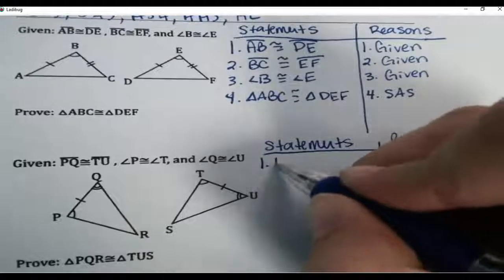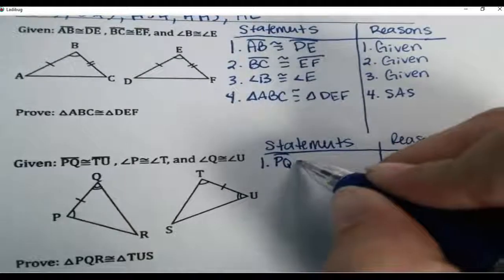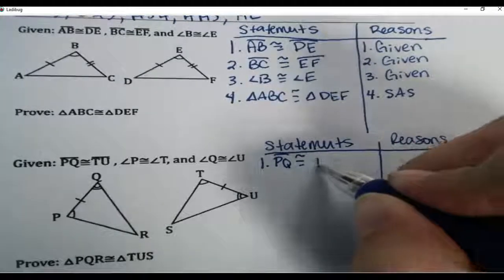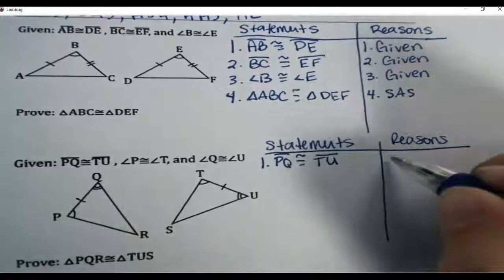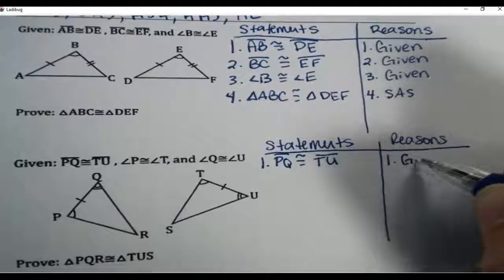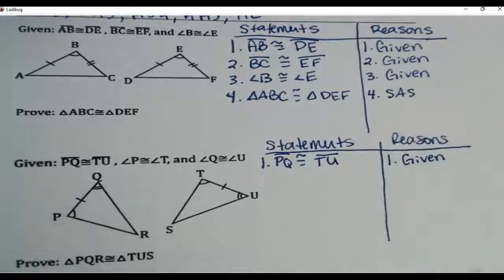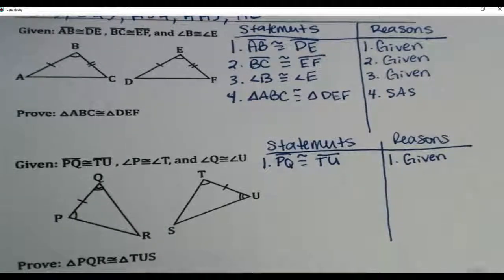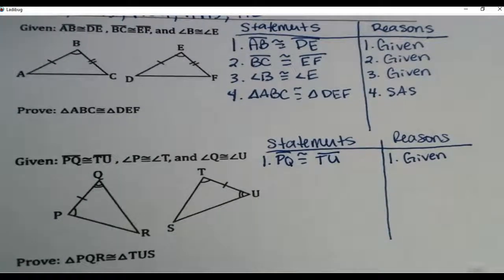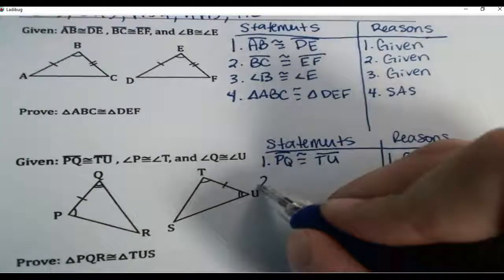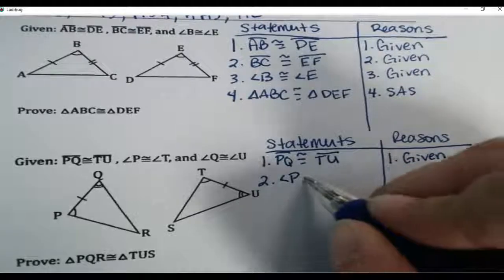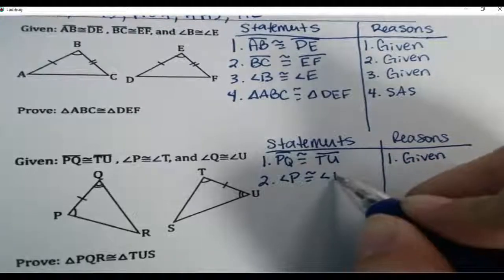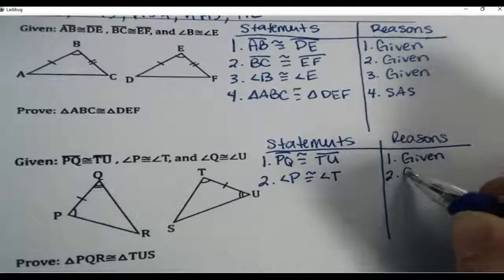So first we're given PQ is congruent to TU. Then angle P is congruent to angle T, and that's also given.